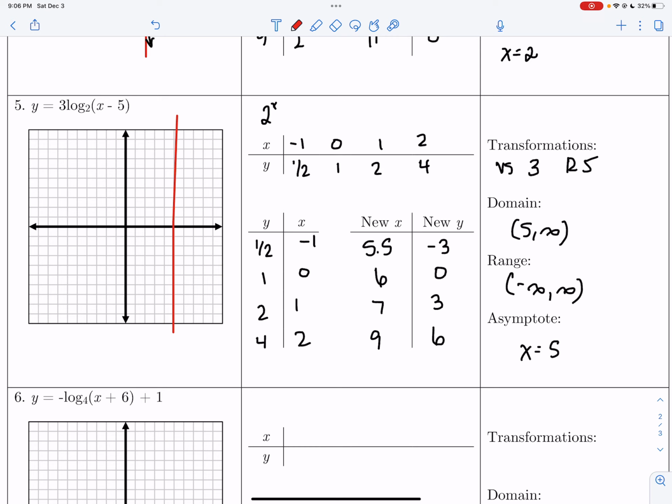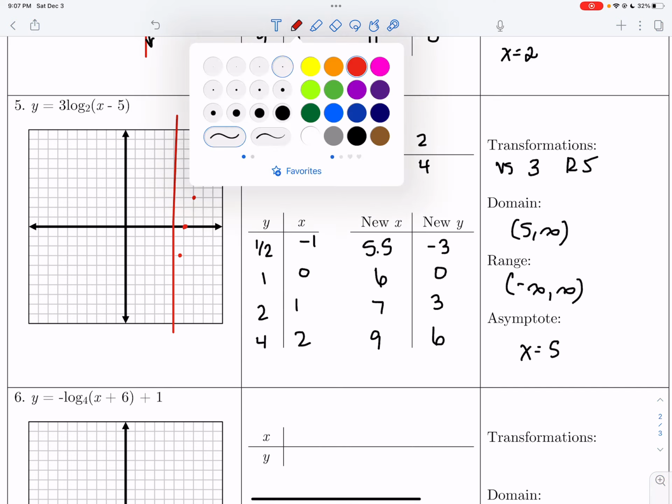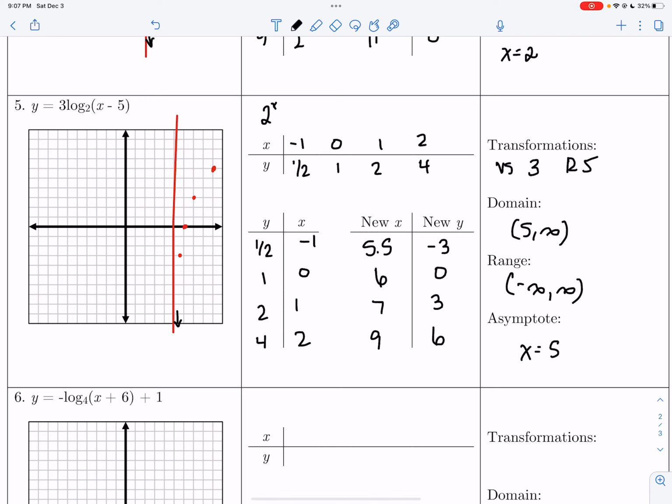The points are (5.5, -3), (6, 0), (7, 3), and (9, 6). Graph it, and then call it a day.